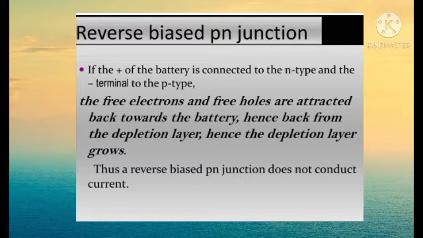The free electrons and free holes are attracted towards the battery, hence pulled back from the depletion layer, so the depletion layer grows. Thus, reverse bias PN junction does not conduct current. So in reverse bias condition, no current flows through the junction.